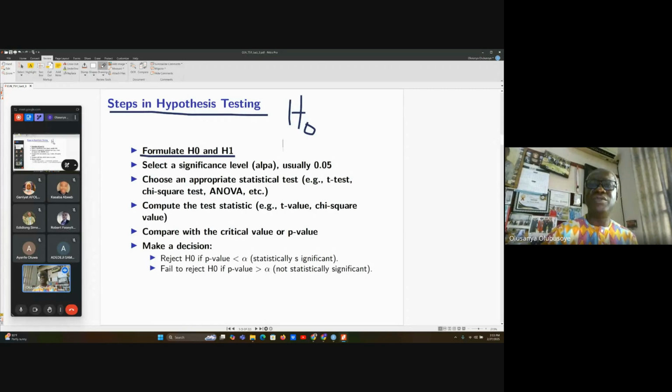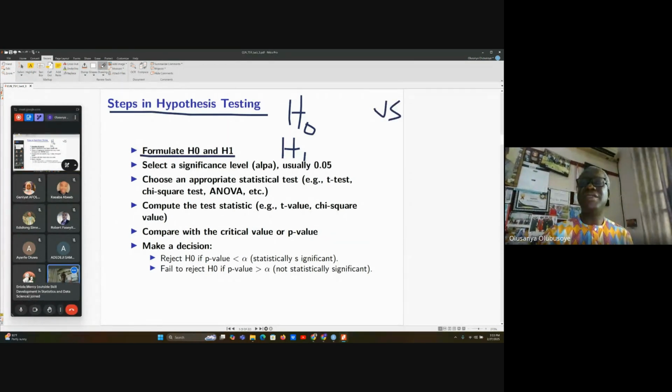And you also need to state what the alternative is. So we usually say the null versus the alternative. There will always be only two hypotheses. The null first, the alternative follows.